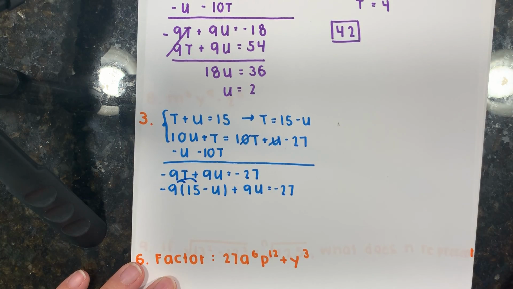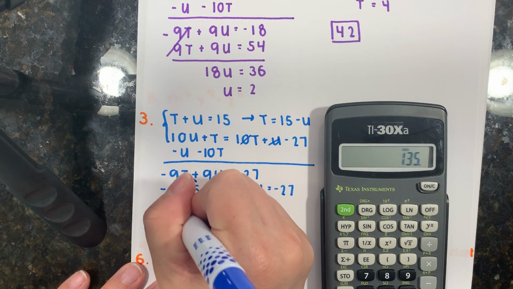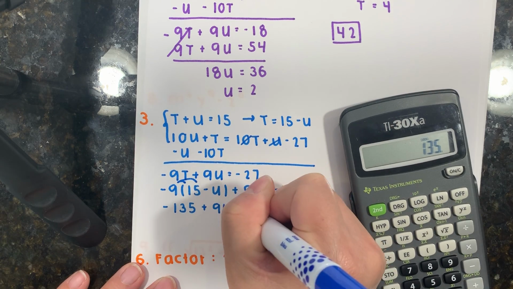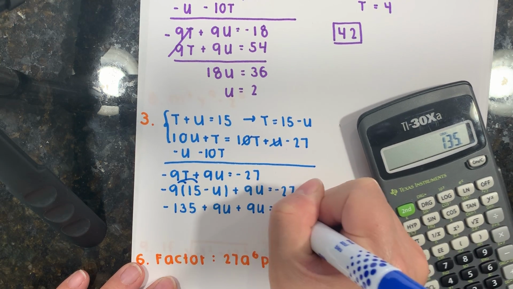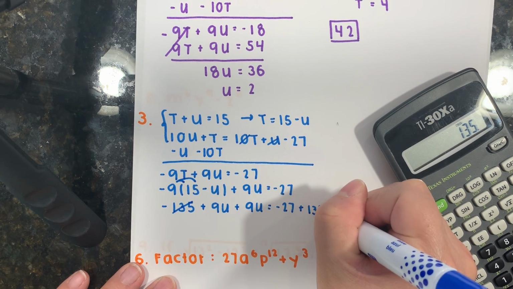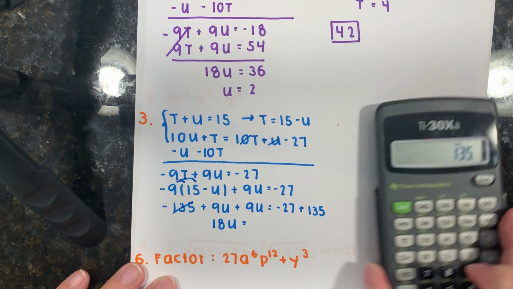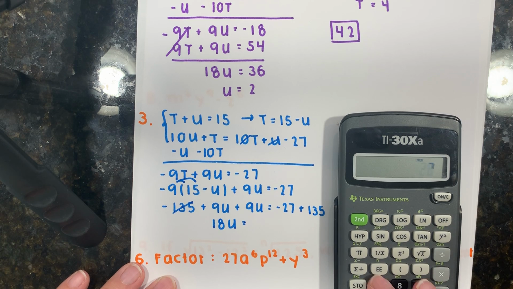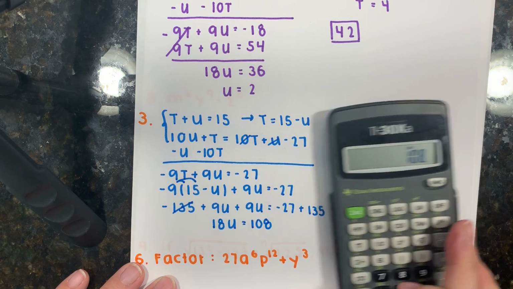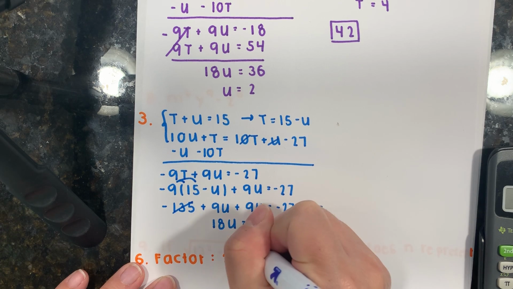And then do distribution. So negative 9 times 15 would be negative 135, plus 9u plus 9u equals negative 27. Bring the 135 over so that you get 18u is equal to 135 minus 27, which is 108. And then divide by 18, which gives you u is equal to 6.